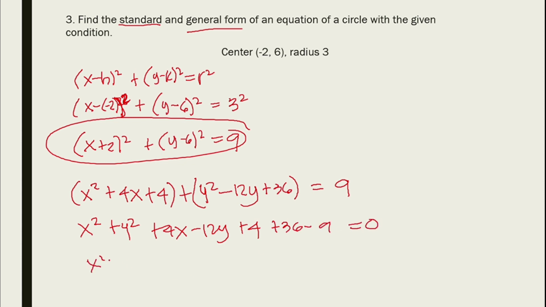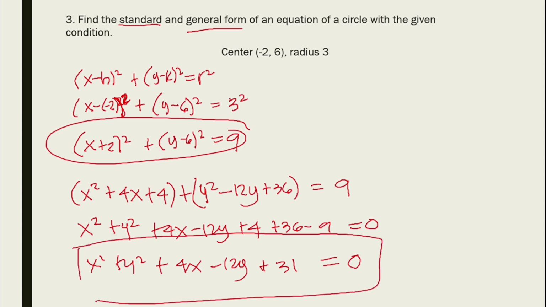So x squared plus y squared plus 4x minus 12y, and 4 plus 36 is 40, minus 9 is plus 31, equal to 0. So this is the general form equation of a circle.